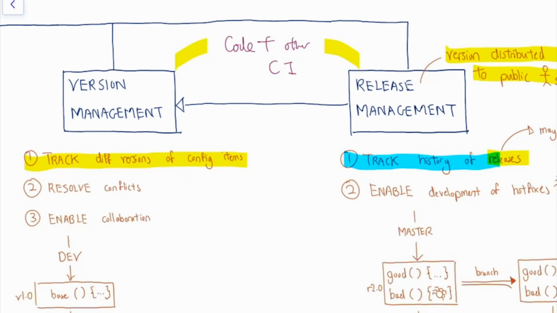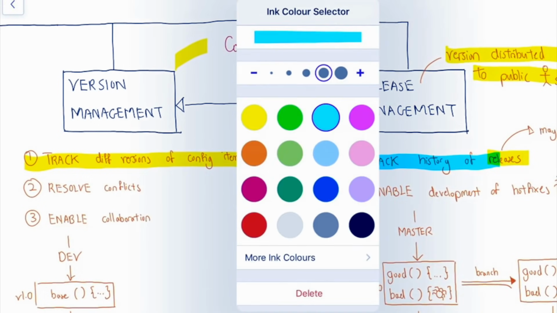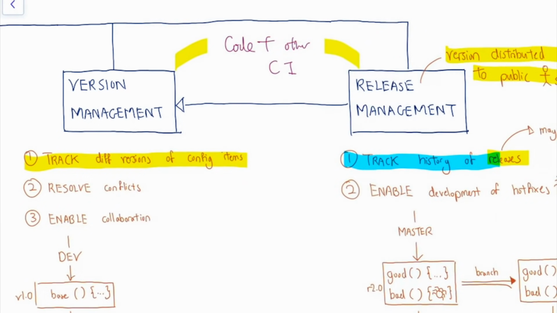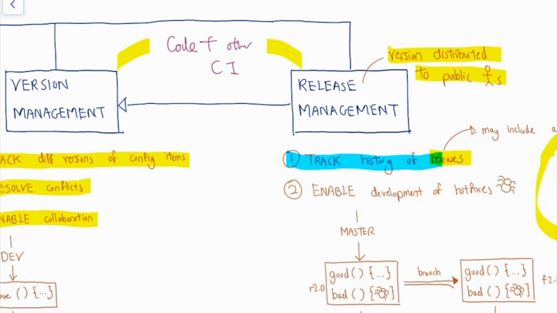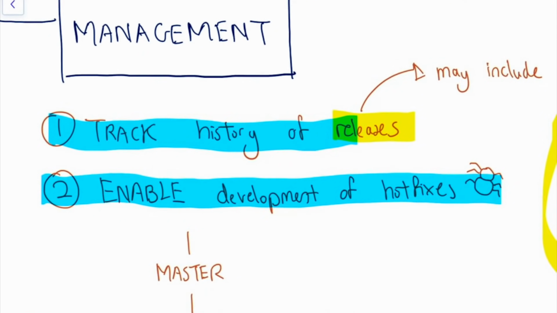And secondly, for version management, we need to enable the resolution of conflicts. And thirdly, we need to enable collaboration when we are developing. Whereas on the other hand, for release management, we want to enable this hotfix process that should allow us to quickly fix bugs after release.